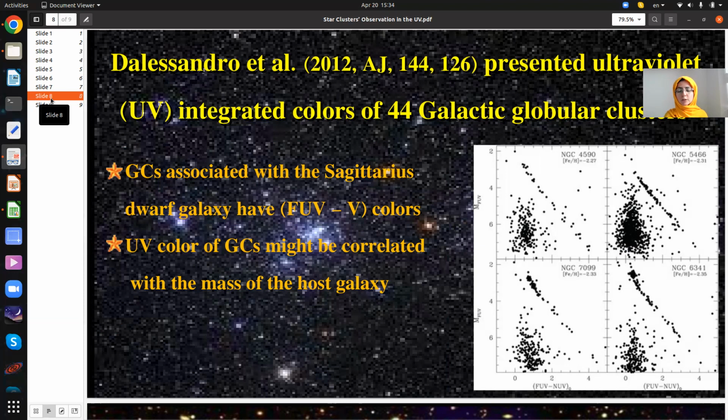In this figure, you see the comparison between CMDs of two globular clusters connected with the Sagittarius stream in the upper panels and galactic globular clusters in the same metallicity regime in the lower panels. They picked two clusters associated with the Sagittarius stream and compared them with galactic globular clusters of similar metallicity.